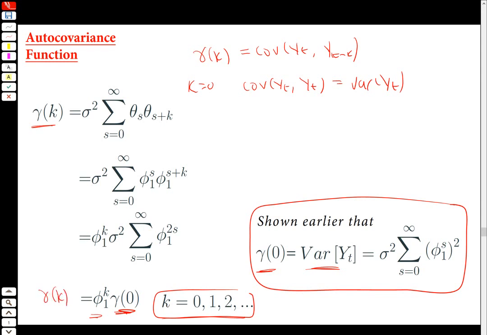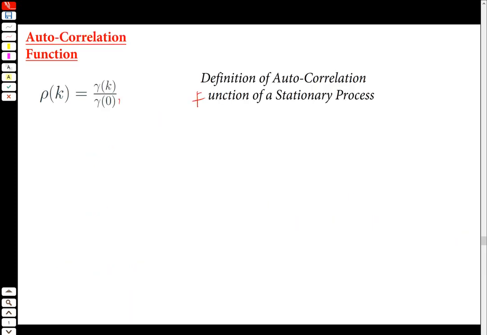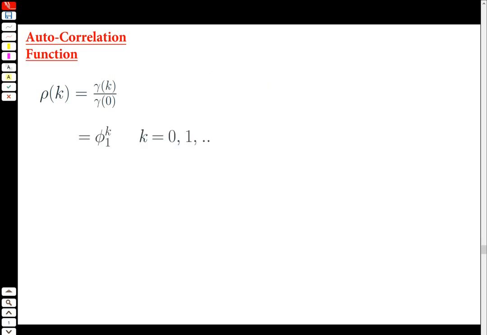Remember, if we have a to the x times a to the y, we just have a to the x plus y. So then we can simplify down. And again, we can take the k part outside, because the sum only depends upon s. We can break it up and take the k part outside, because obviously it's not a function of s.